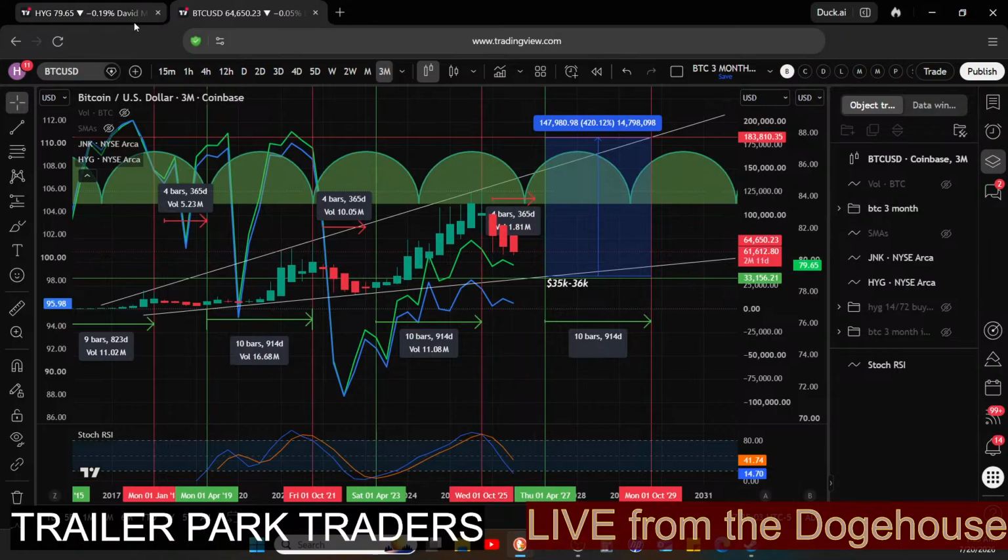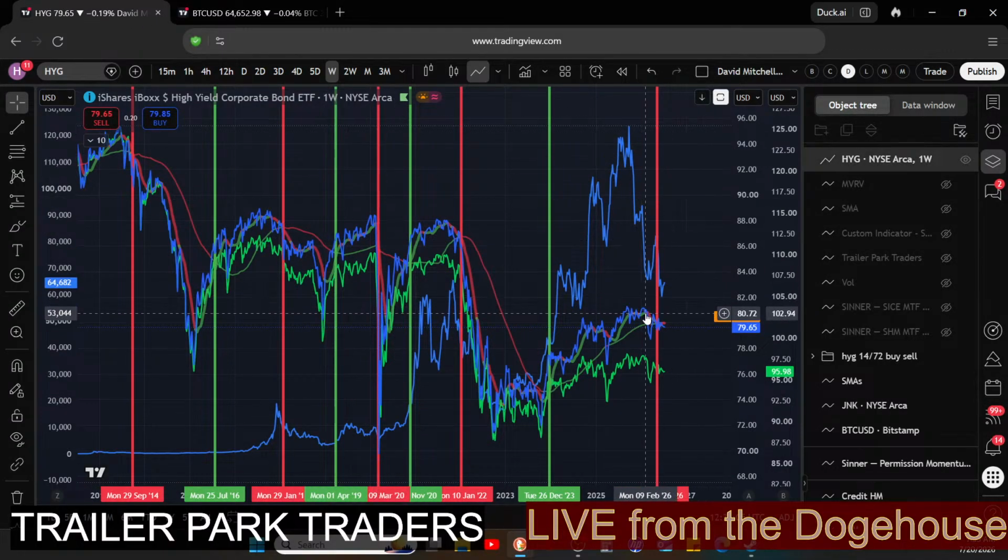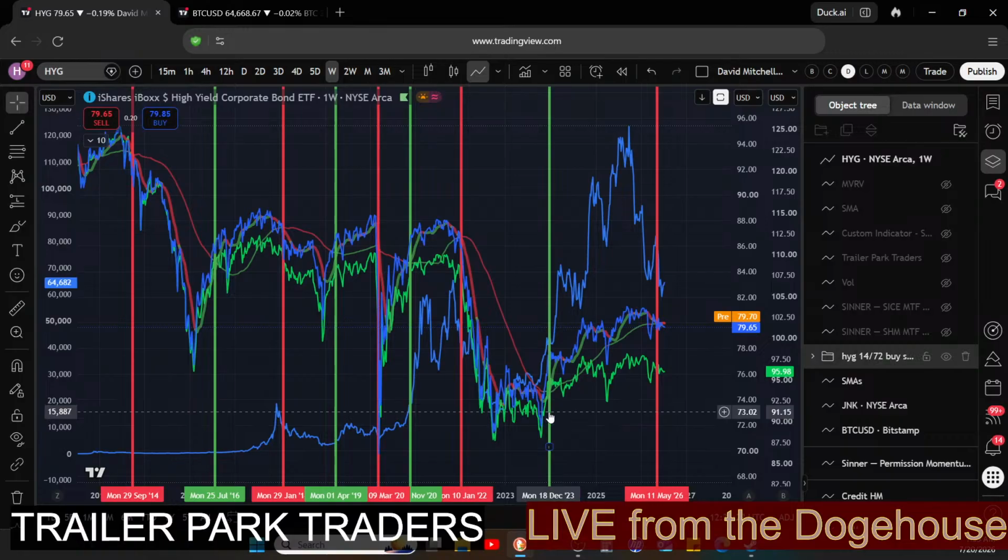So when I'm looking at credit, credit should drop like you see here and get a crossover. Now this crossover on the weekly is a lagger, by the way. It's not something that you want to do your buy and sells off of.